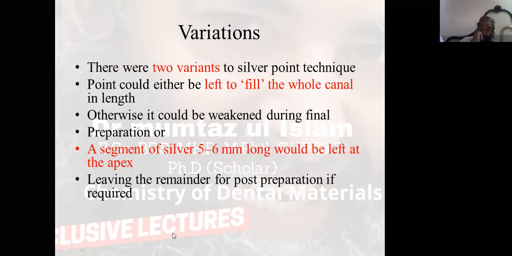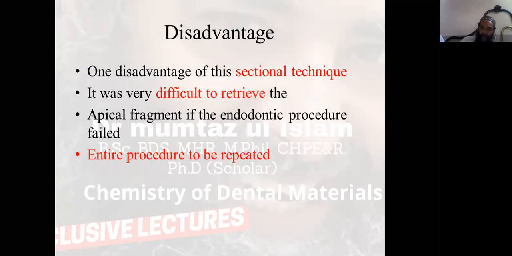There were two variations to the silver point technique. The point could either be left to fill the whole canal in length, or it could be weakened during final preparation, and a segment of silver 5 to 6 millimeters long would be left at the apex, leaving the remainder for post preparation if required.